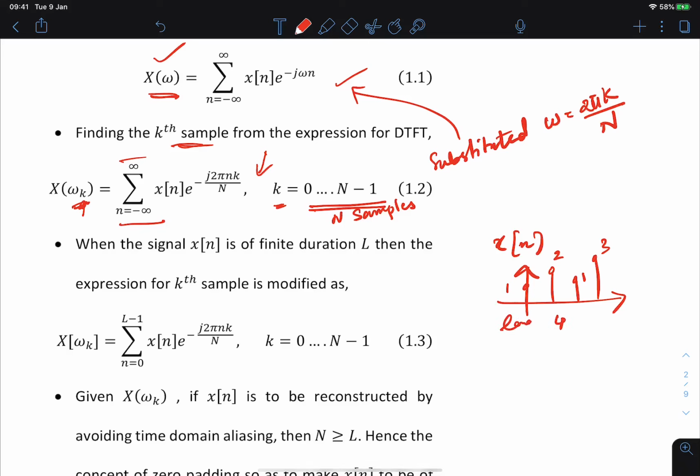That is the meaning of a finite duration signal, instead of the signal going from minus infinity to infinity. In the general case, let us assume that the duration is equal to L, that is, x of n has a duration of L. So now we can modify the above expression 1.2. We just change the limits to n equal to 0 to L minus 1, the same thing.